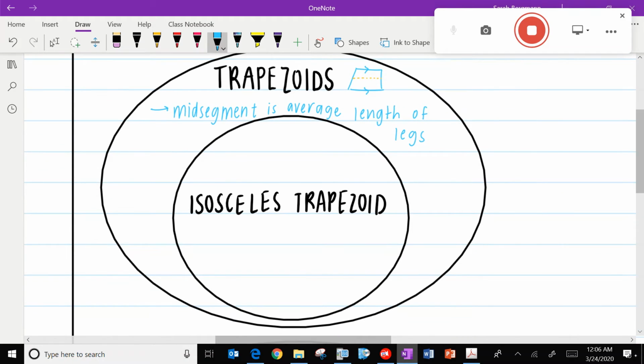There's one special type of trapezoid called an isosceles trapezoid. An isosceles trapezoid is a trapezoid that has the legs congruent. So it has all the properties of trapezoids, so it has exactly 1 pair of parallel sides, but it also has legs congruent. It has base angles congruent.